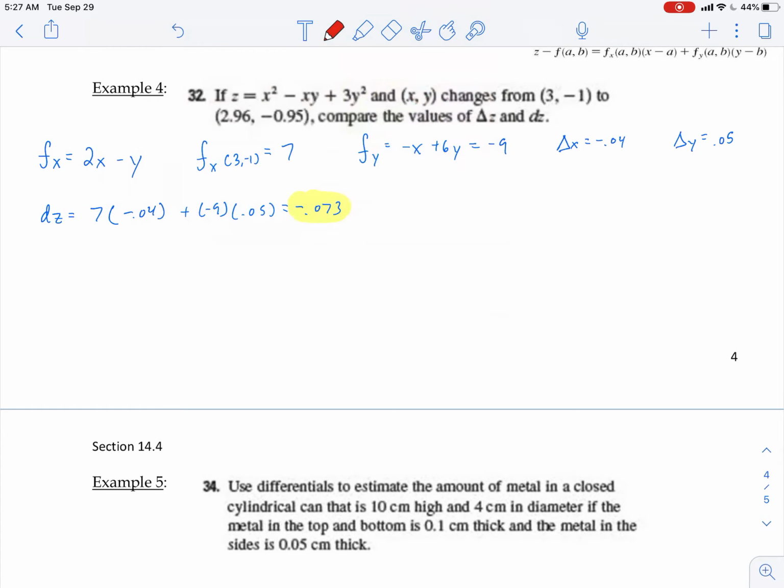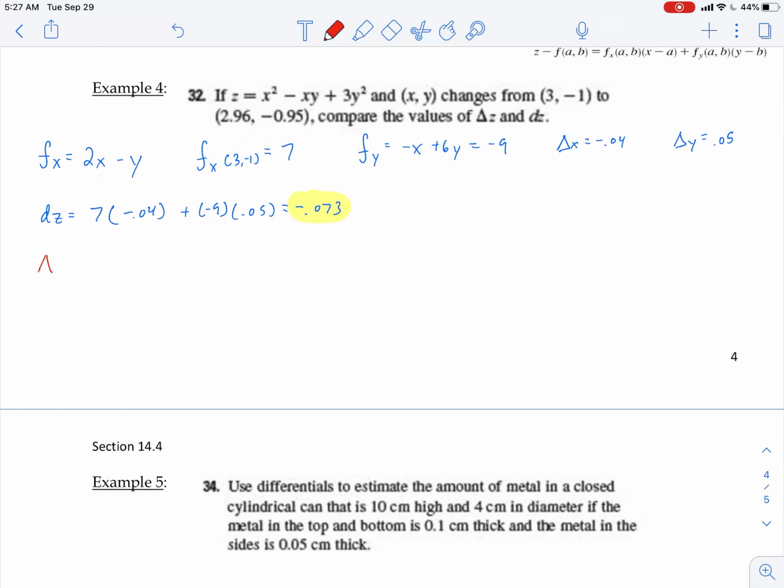Now, when I want to find my delta z, delta z is just the total change. So I'm going to take my function at the new value first, f of (2.96, -0.95), minus f of our initial value, (3, -1).